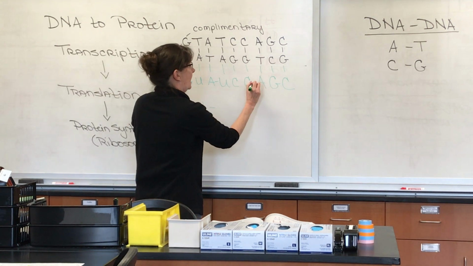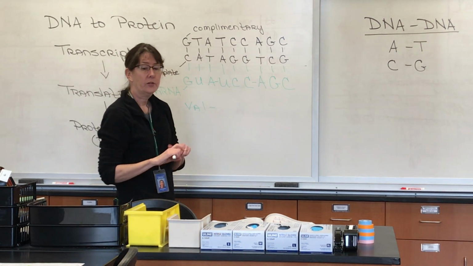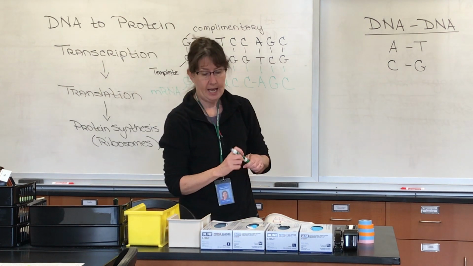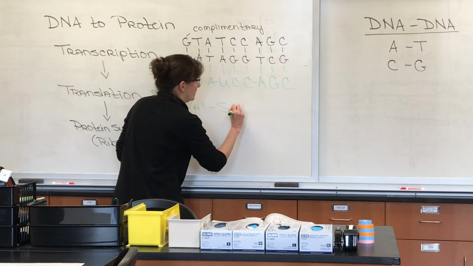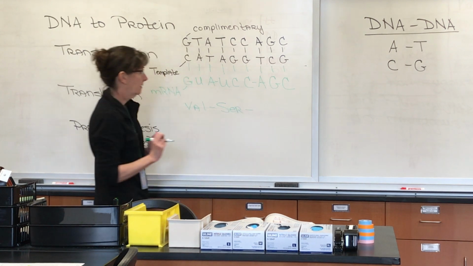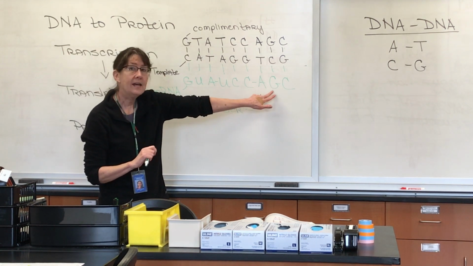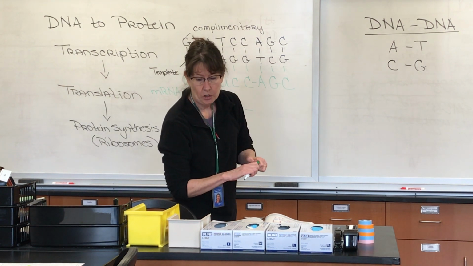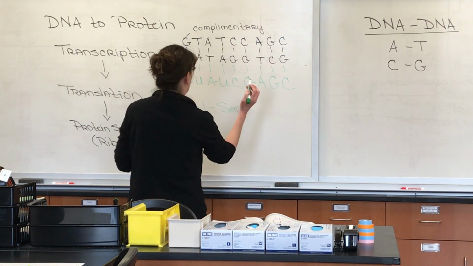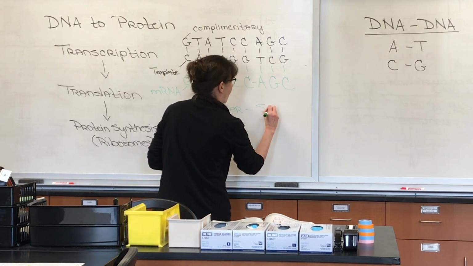Our next set of 3 letters in our messenger RNA is going to code for the amino acid SER. Our last 3 letters in our sequence is going to code for SER again.